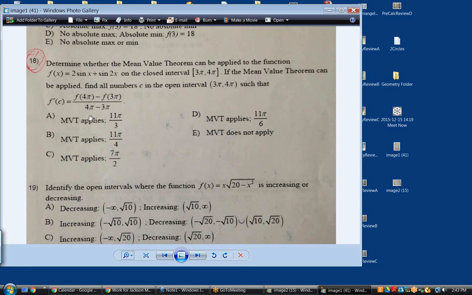First of all, find out what this is. There's f of x. So what is f of 4 pi? You plug in 4 pi wherever you see x. Evaluating the right side of this equation is relatively easy. And when you do so, you get 0.